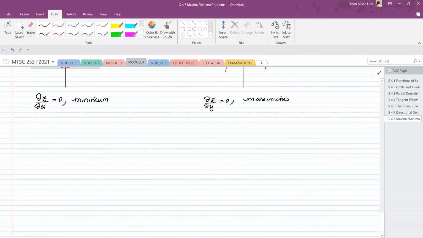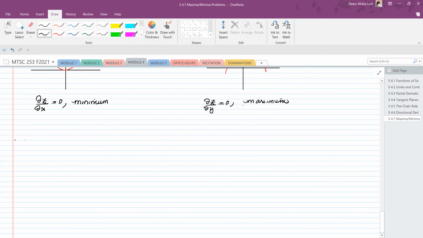So we do have a theorem. Theorems are good. They help direct us to needed results. So it's the same as before.